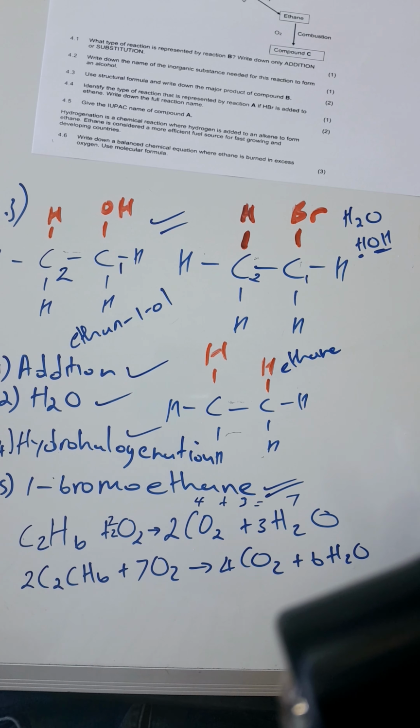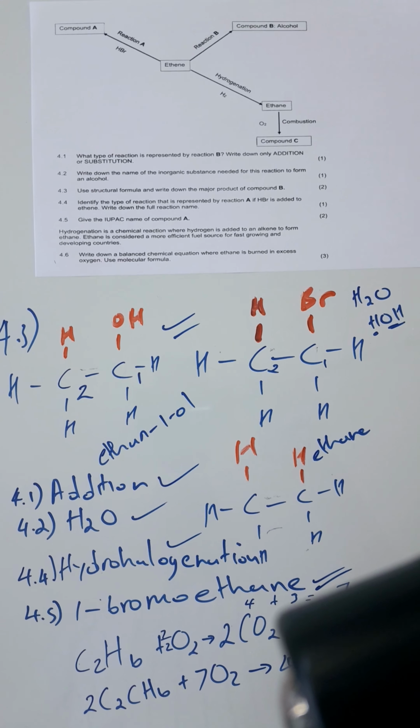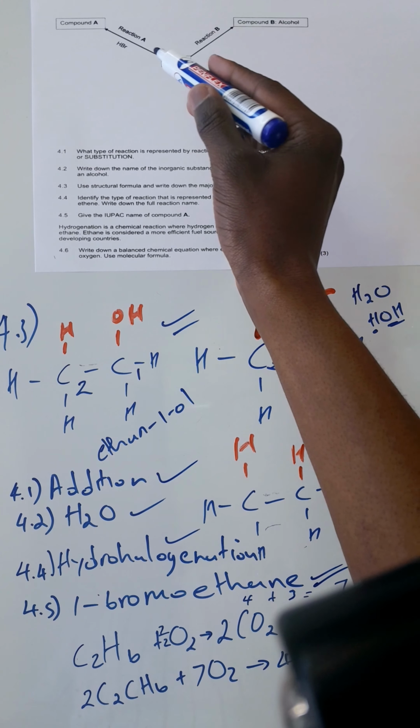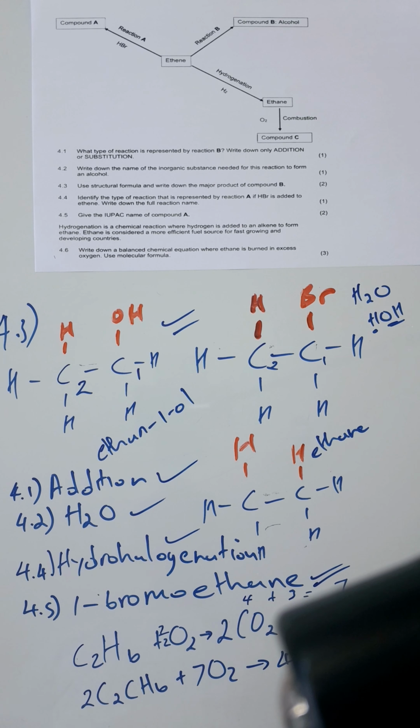And for this one over there, it's clear that we add hydrogen bromide. When you add hydrogen bromide to an alkene, the reaction is a hydrohalogenation.